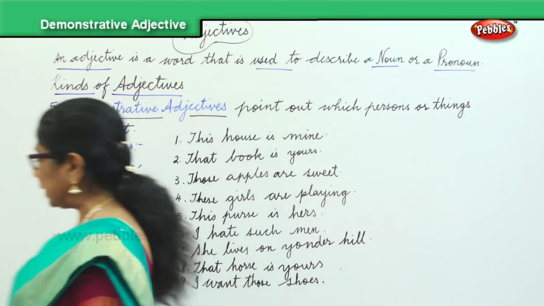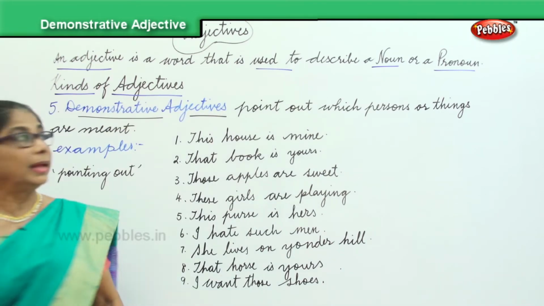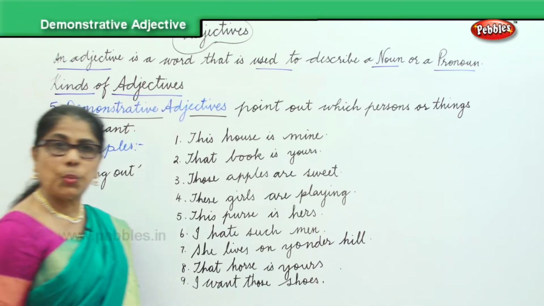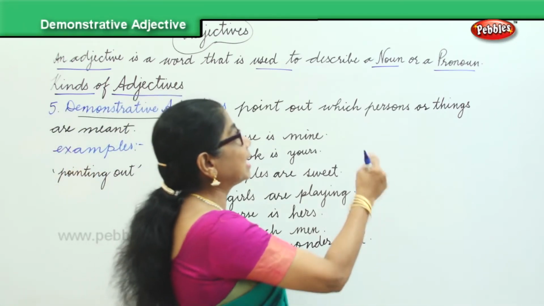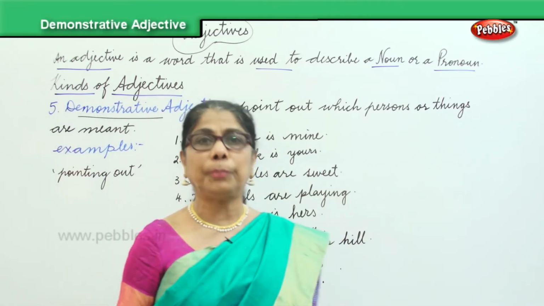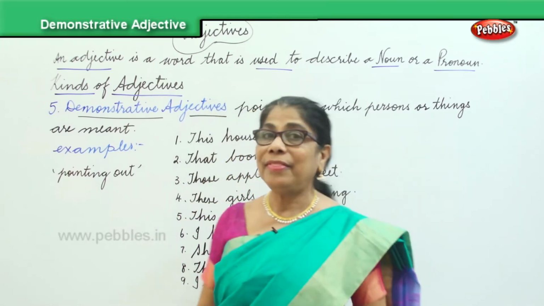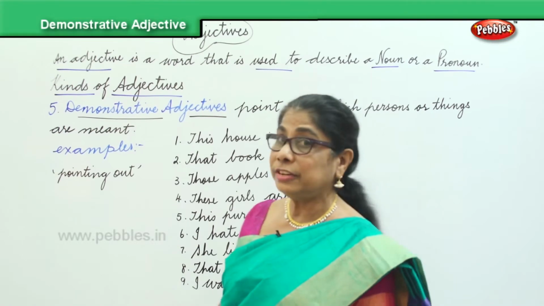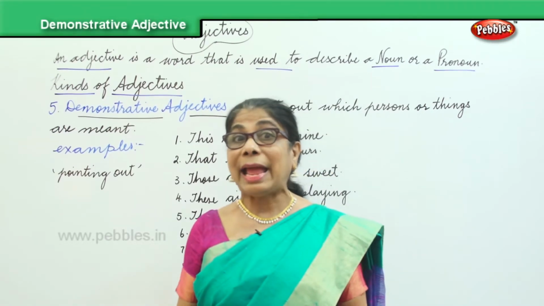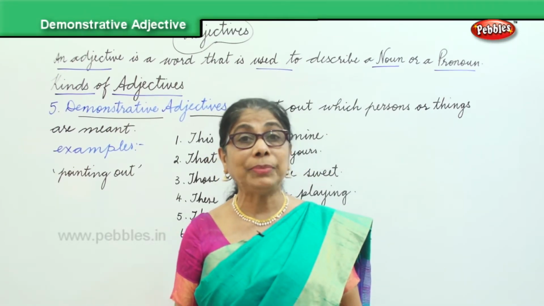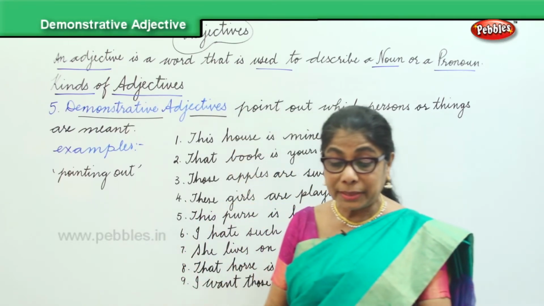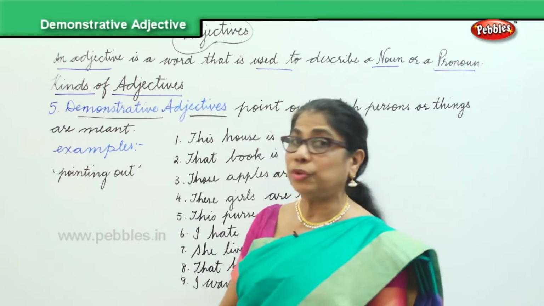Now, look at the sentences that I have done for you. We are talking about adjective. An adjective is a word used to describe a noun or a pronoun, and we said there are together 6 kinds of adjectives. We have done adjectives of quality, adjectives of quantity, adjectives of number, and distributive adjectives.